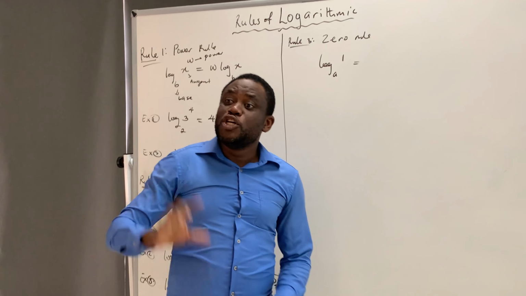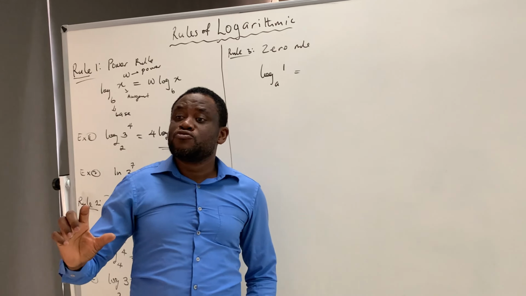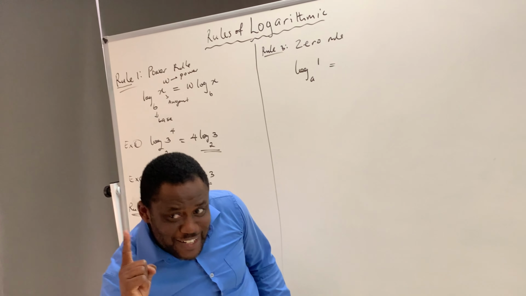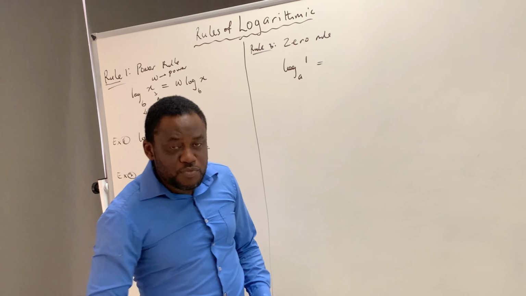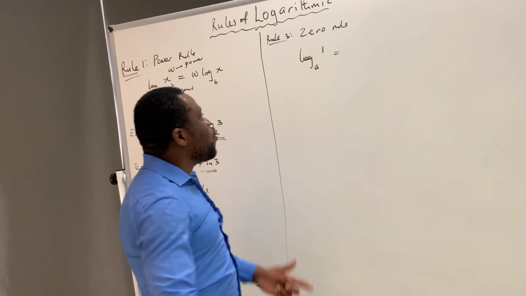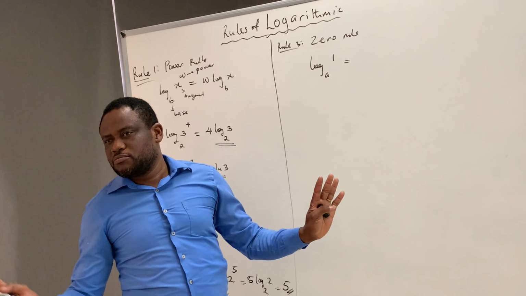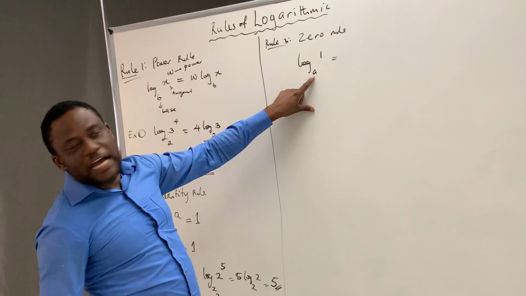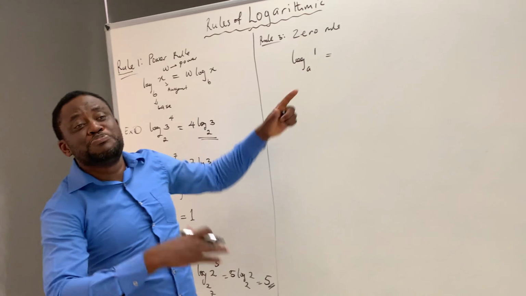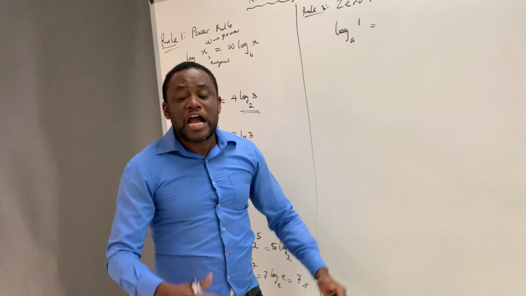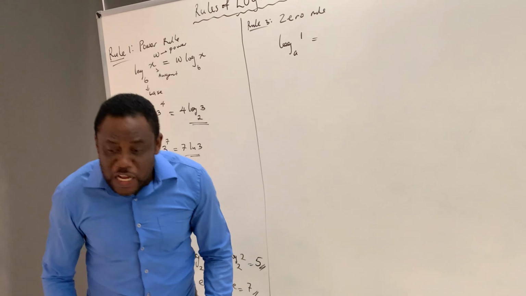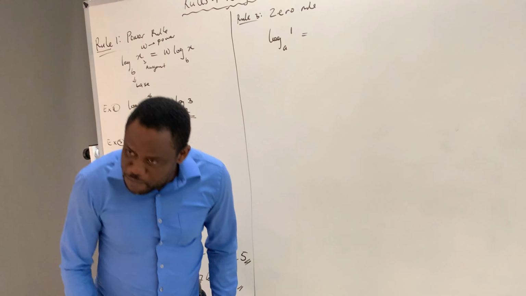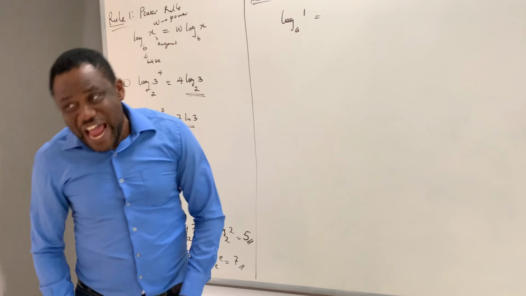Remember, the law of exponents says anything to the power of 0 is what? 1. Do you remember? Good. If anything to the power of 0 is 1, I can pick any number I want. If I like, this is A, I can choose A. If I like, I can choose B, C, W, Q, 1 million, 3 trillion. But with power of 0, anything to the power of 0 is 1.